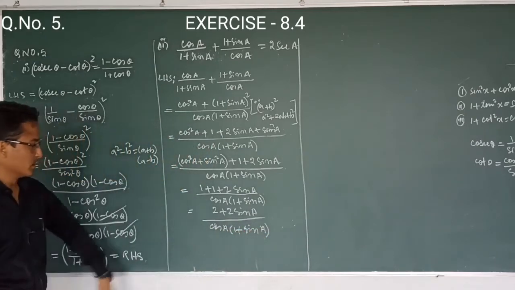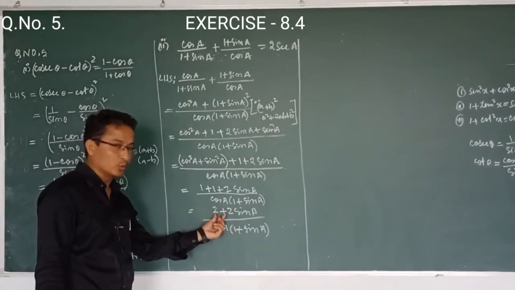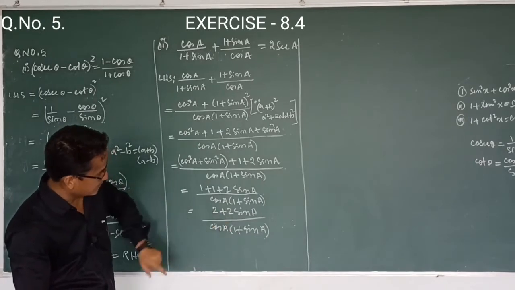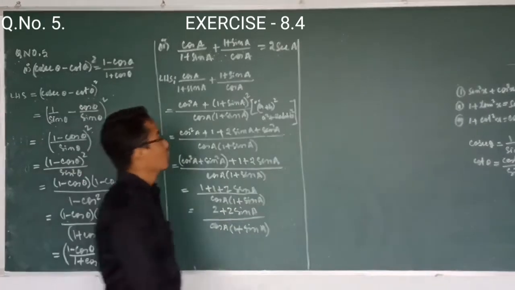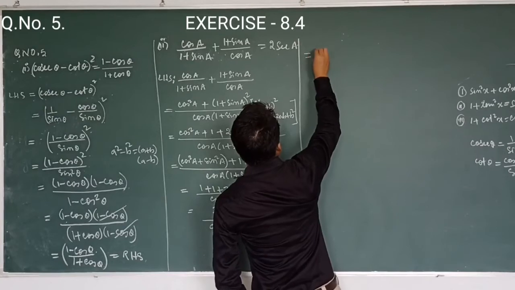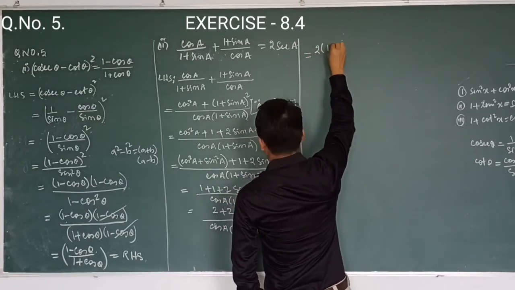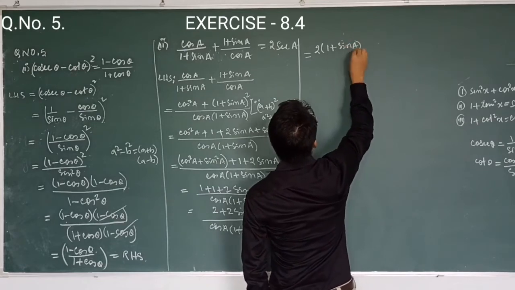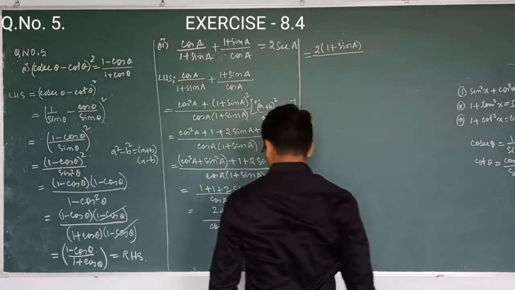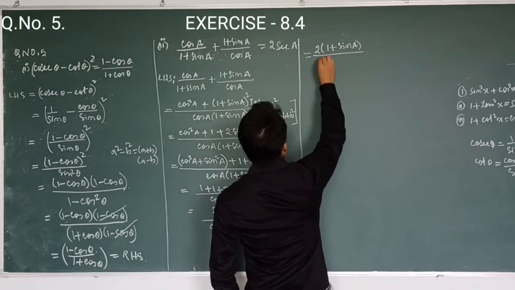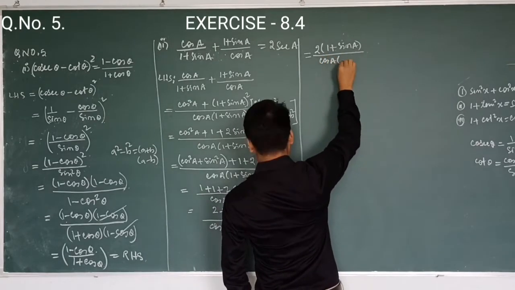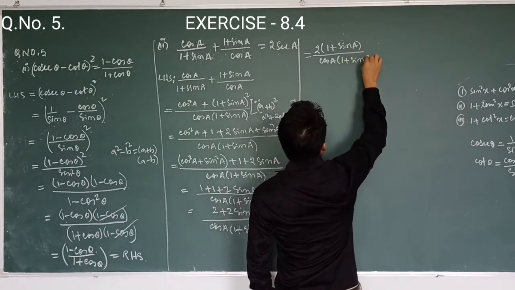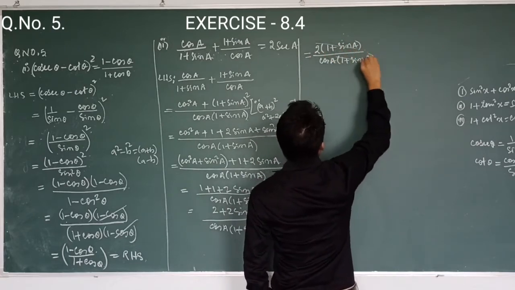Now next step, from here I will take 2 as common from the numerator. Here 2 is present, here 2 is present, so I will take 2 common from the numerator. If you take 2 common, 1 plus sin A remains, divided by cos A and 1 plus sin A. So this is going to be cancelled.